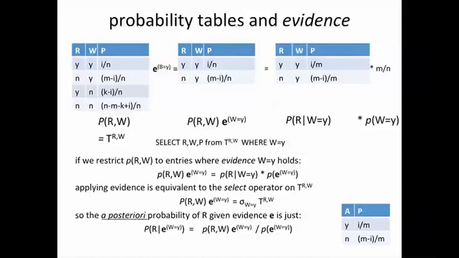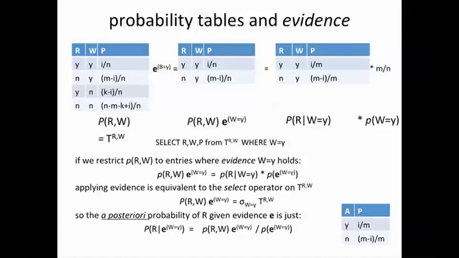the act of multiplying probability tables is just taking a join in SQL. The act of taking evidence, that is, observing one or more of the variables, is merely issuing an appropriate select statement in SQL.